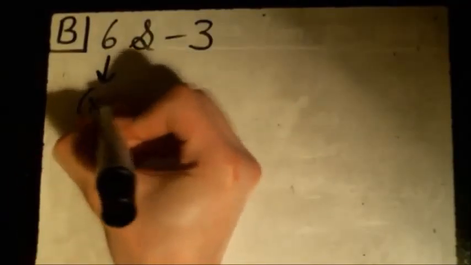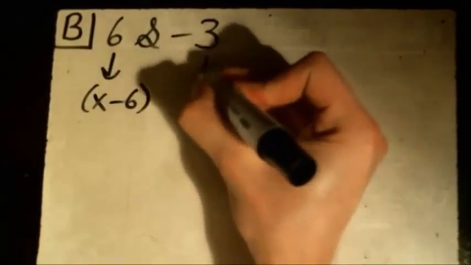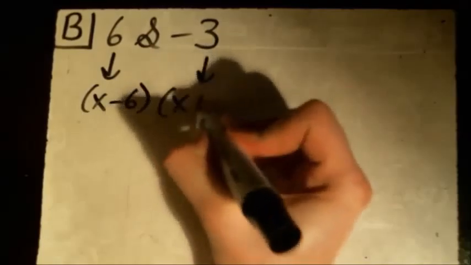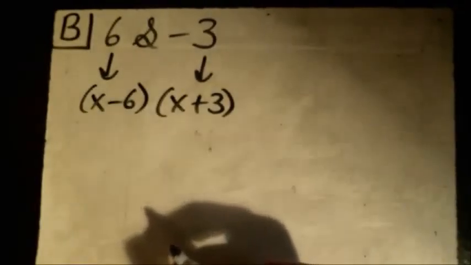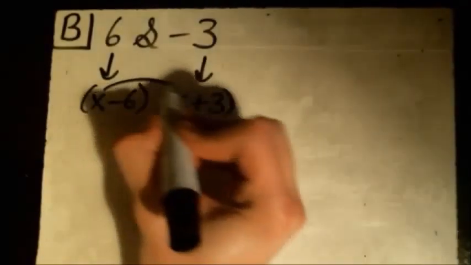For b, we have 6 and negative 3 as our roots, so I'm going to turn 6 into x minus 6. I'm going to turn negative 3 into x plus 3, because once again, 2 negatives would equal a positive. So, second step, use FOIL. So, x times x would be x squared.